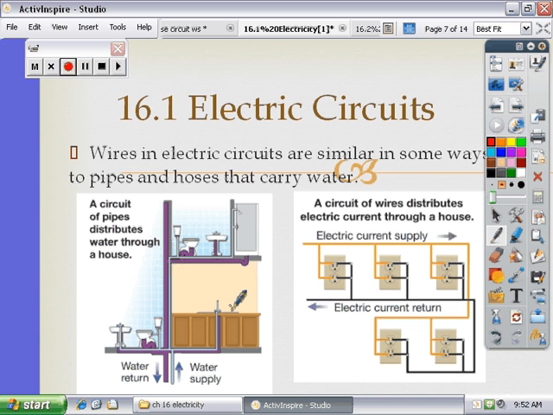Same thing with your electric current. You have the positive, the current coming in, and the current that goes out, the return current. That is why when you look at your outlets, there's two prongs on your outlets and on your electrical appliances. Is that why one prong is thicker and longer? Exactly. Same thing with the LED light. Remember your LED light had the short one and the long one?